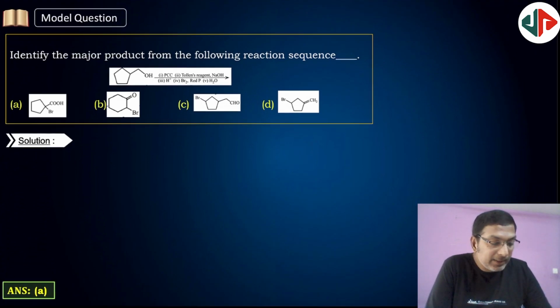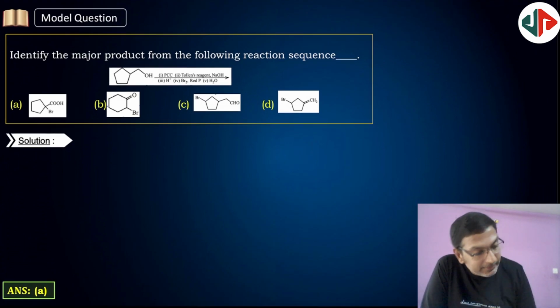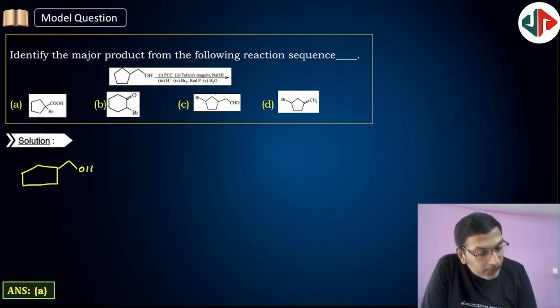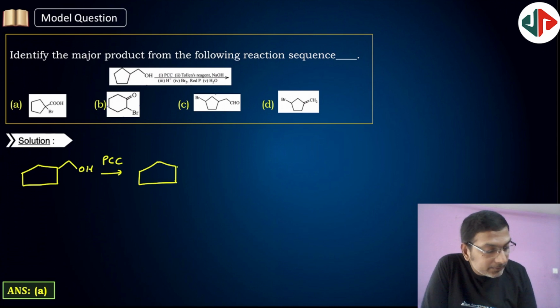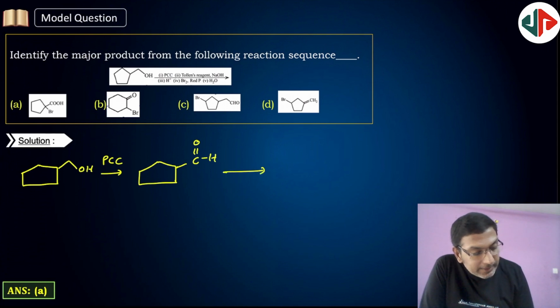identify the major product from the following sequence. First, this is the compound with OH. So PCC, pyridinium chlorochromate, which is a mild oxidizing agent. Here CH2OH, therefore it becomes CHO, aldehyde. Next, Tollens reagent.